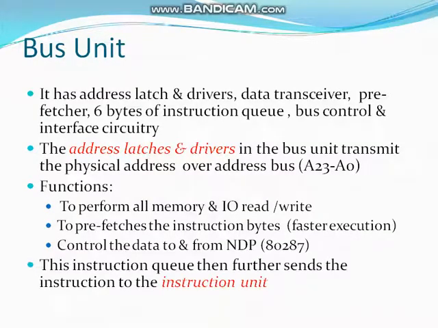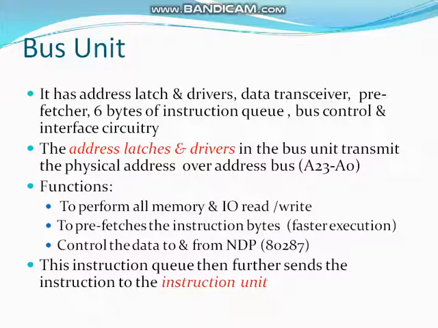The main function of your bus unit is to perform all the memory as well as the IO read write operations, and to prefetch the instruction bytes in advance so that faster execution will be done.